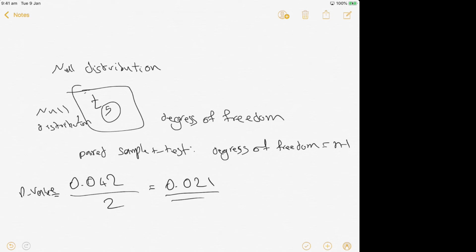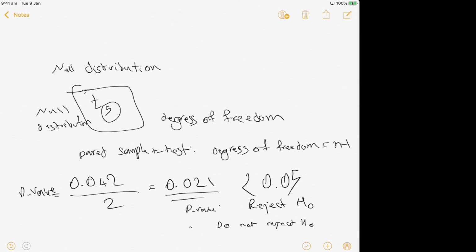What is your conclusion? Because this value is smaller than 0.05, we reject the null hypothesis. One thing that I should mention here is that you either reject the null hypothesis or do not reject the null hypothesis. If the p-value is smaller than 0.05, we reject. If the p-value is greater than 0.05, we do not reject H null.